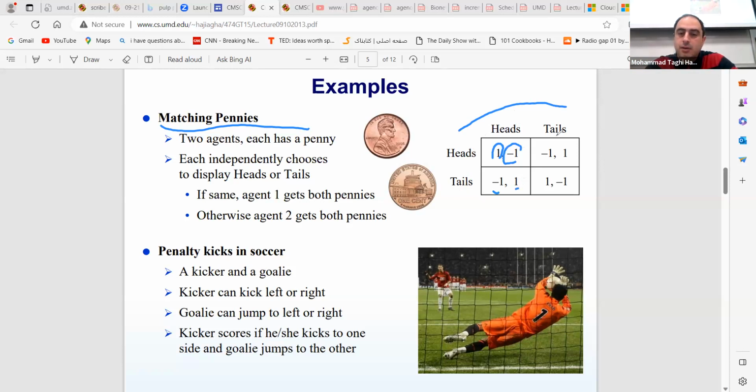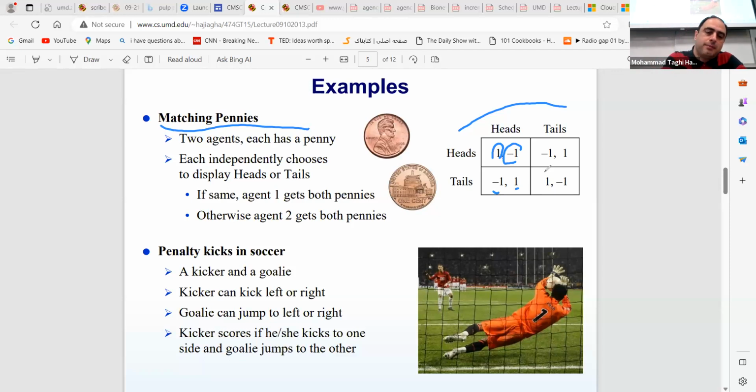The same thing here, with heads and tails, and again, tails and tails. So this is a purely competitive game, matching pennies, because in some sense, your loss would be my win, and my win would be your loss, or my loss would be your win.